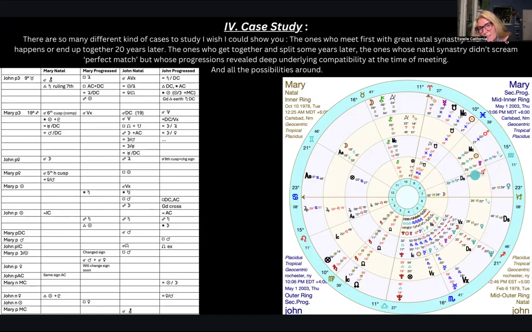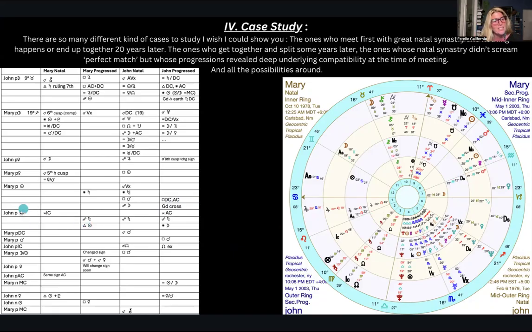Oh, and look at that. You have seen that at the same time, her progressed descendant with Mars natal on it. So we saw this one, and her progression opposite we saw that, and square the ACDC, we saw with the Grand Cross.